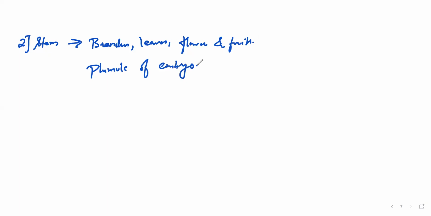So basically, if you consider a plant, here you have two basic things: the nodes and the internodes. So what are these nodes and internodes?